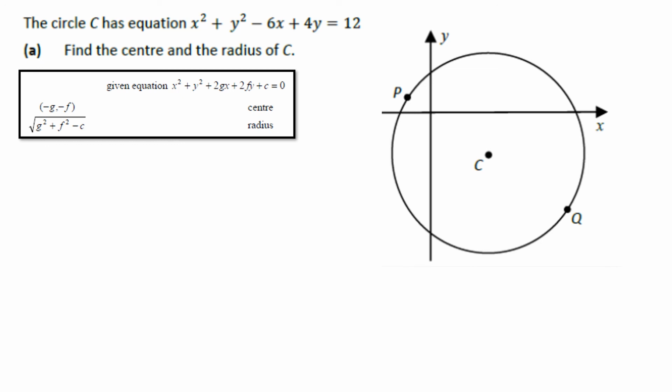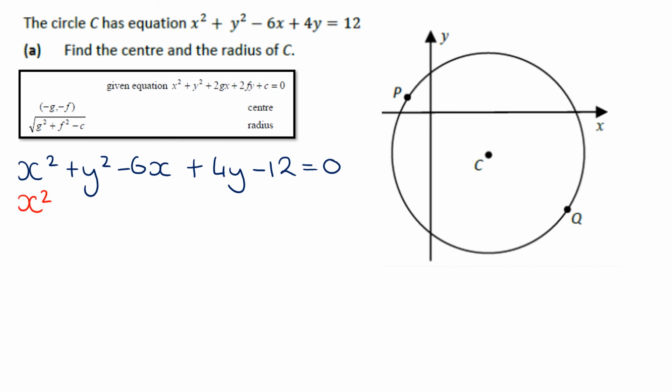So first thing I'm going to do is rearrange the equation of the circle that we've been given, by bringing the constant back over to the left, taking away 12 from both sides. Once I have that done, I can use what I have from page 19 of my log tables. This is called the general equation, x squared plus y squared plus 2gx plus 2fy plus c equals 0.